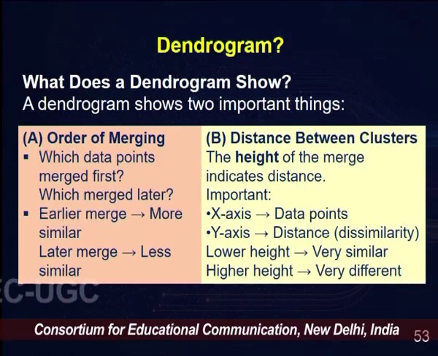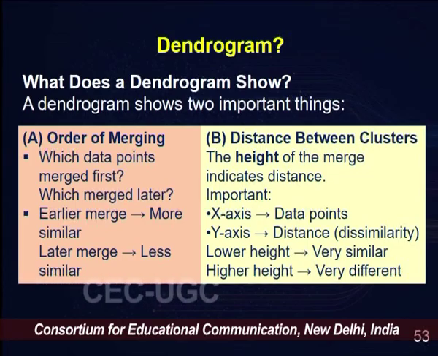Another aspect is the distance between the clusters: the height of the merge indicates the distance. The x axis was the data points and the y axis was the distance, that is dissimilarity. Lower height means very similar, and higher height means very different.